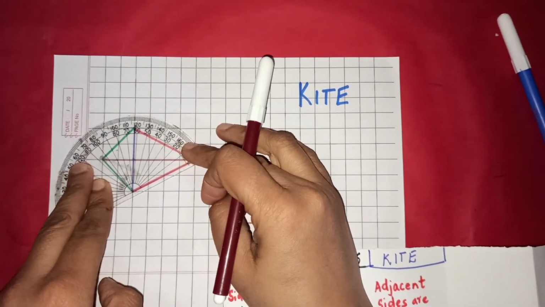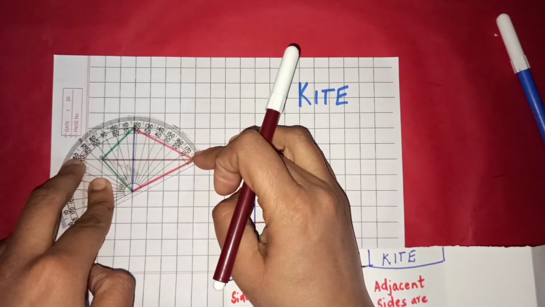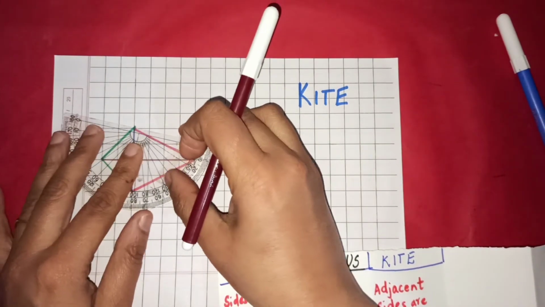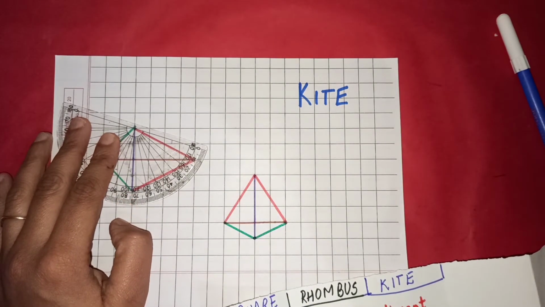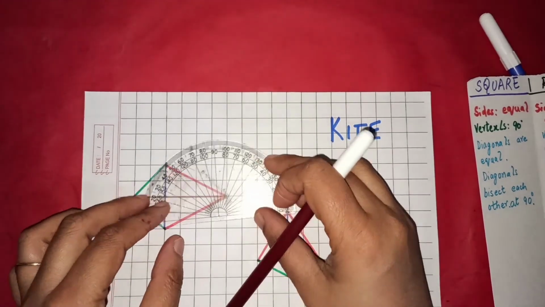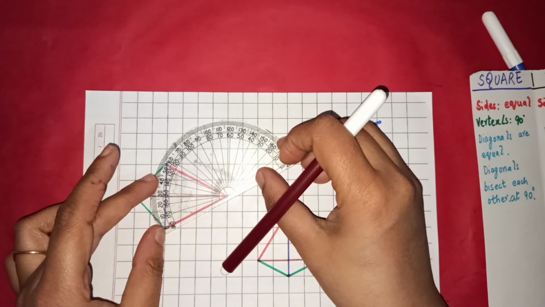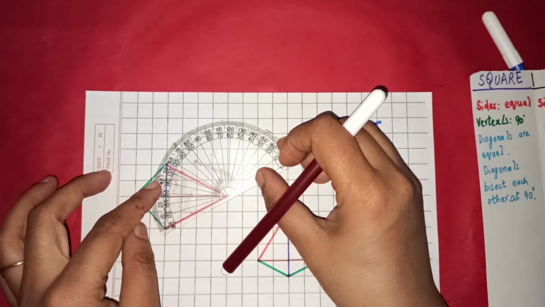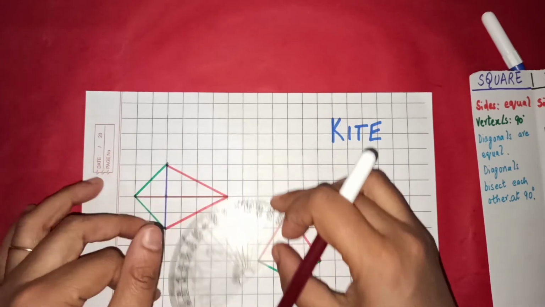So this one is roughly around 105. So let's check the opposite angle. It is also 105. So let's check out these angles. Let me check this one. How much is this angle? It is roughly around 55.